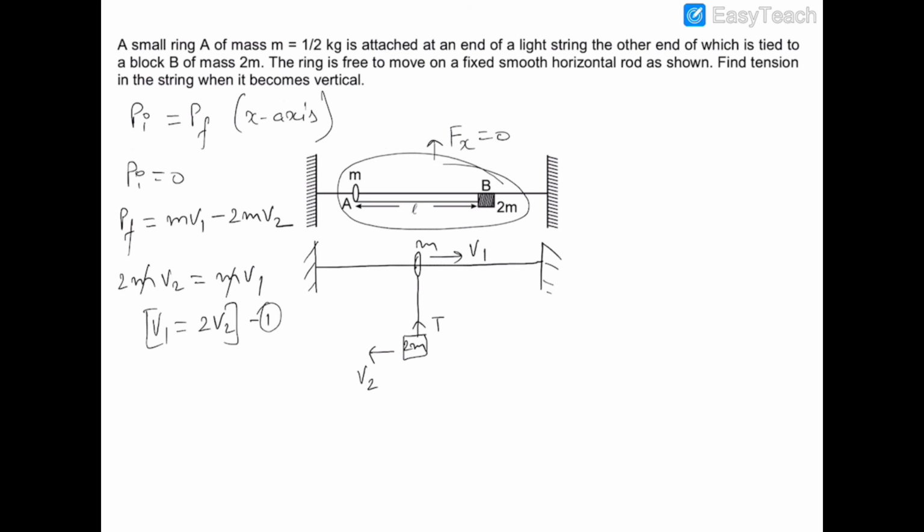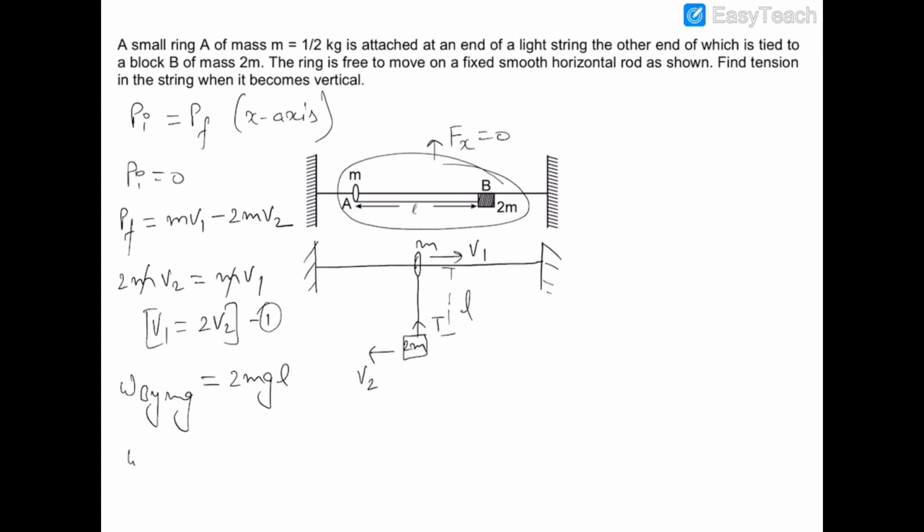Now we all know that the second equation is always obtained from energy conservation, and the work done by mg on this system will be 2mgl, due to the fact that this ring has not moved in the y direction. So there is no work done by mg on this ring, but this block has moved down by a distance of L. You can see that. So the work done by gravity is on the block of mass 2m, and that work done is equal to 2mgl.